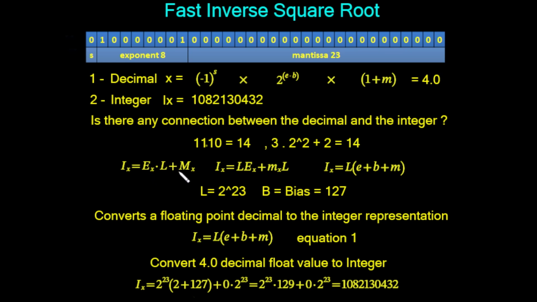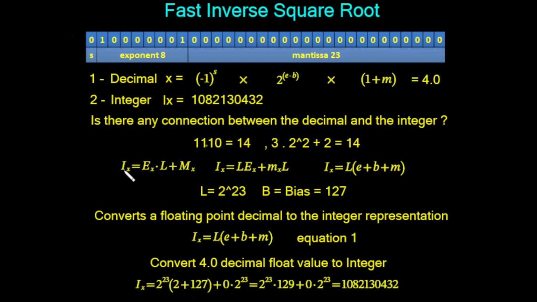The integer value for the mantissa, again in this example, is the number 2. And then the 2 to the power of 2 here is the value that we call L. Okay, so L is 2 raised to the power of how many digits the mantissa has. Now in this case, the mantissa has 2 digits, okay? So in this instance that was 2 to the power of 2.